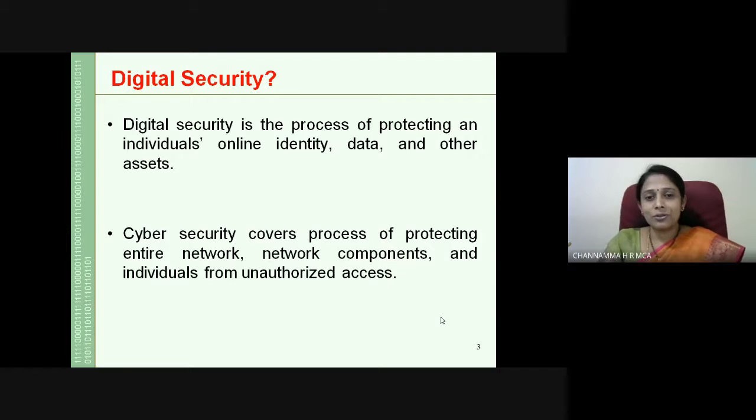I want you to know that cyber security is not very new, isn't it? It has been with us for the past 20 years. And the government is investing a lot of money, crores of rupees, to protect against cyber crimes.